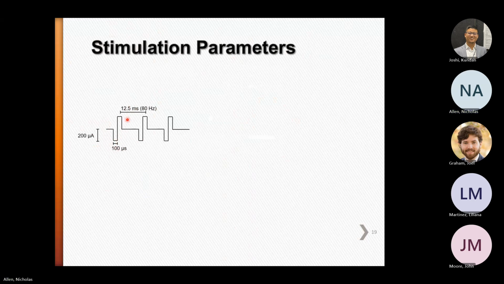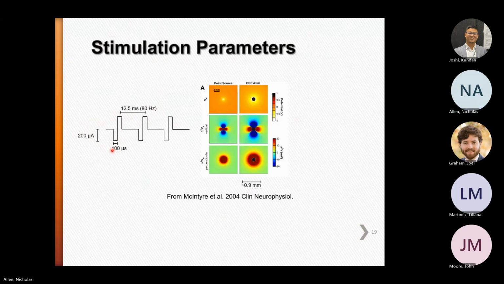So we have negative and positive phases. Here the stimulation frequency is about 80 hertz.